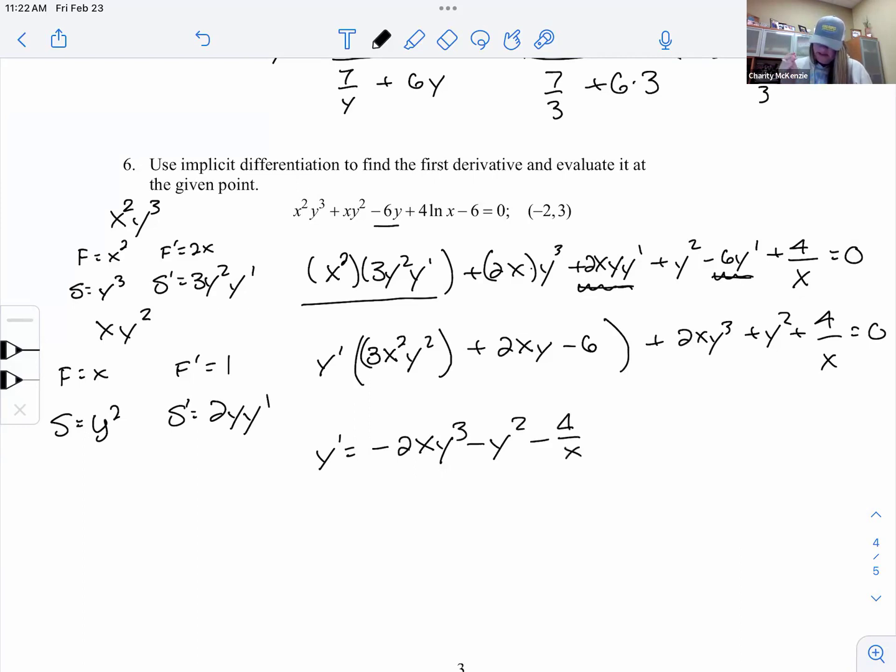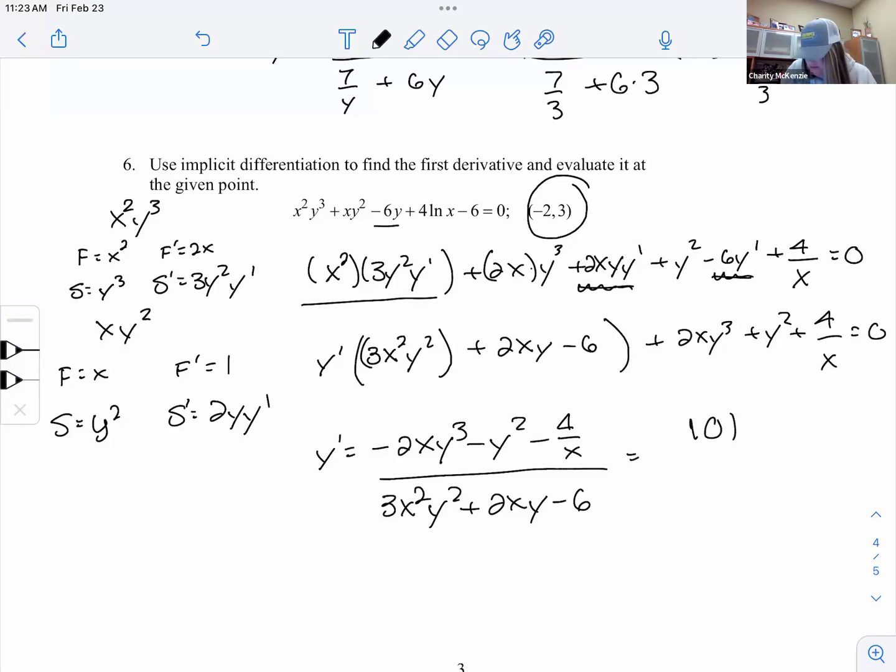So opposite sign all the way across, all divided by exactly what we see, 3x squared y squared plus 2xy minus 6. Oh, ain't that pretty? Then we put in the 2 and the negative 2 and the 3 that we were given, and I got 101 over 90 is what I got on that one.